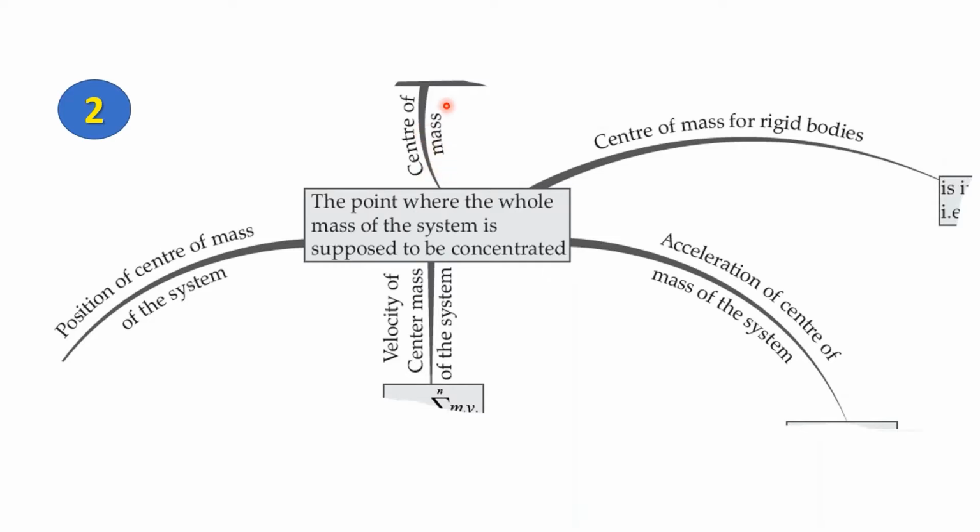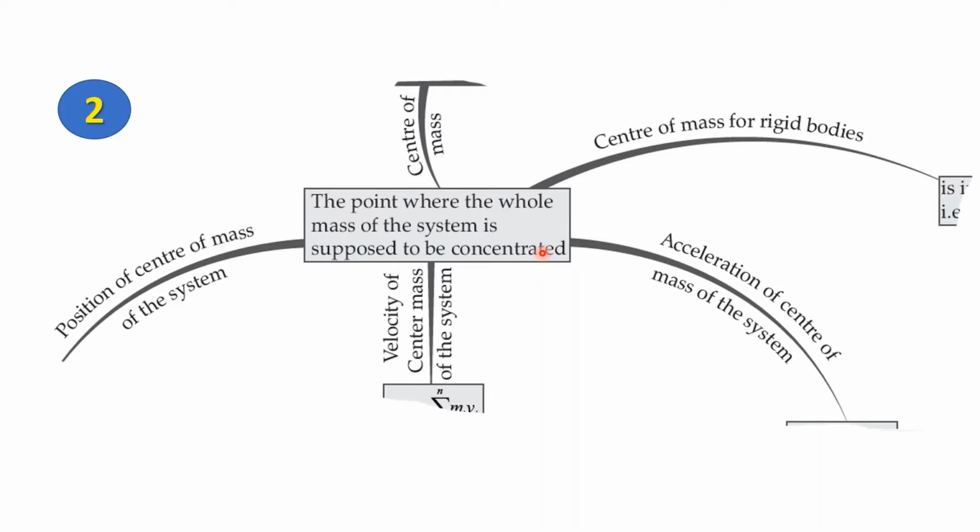The center of mass is defined as the point where the whole mass of the system is supposed to be concentrated. In order to make motion of an extended object easier, we consider a point in the object where all of the mass is supposedly concentrated. That one point will have the mass of the whole extended object. That is known as center of mass.